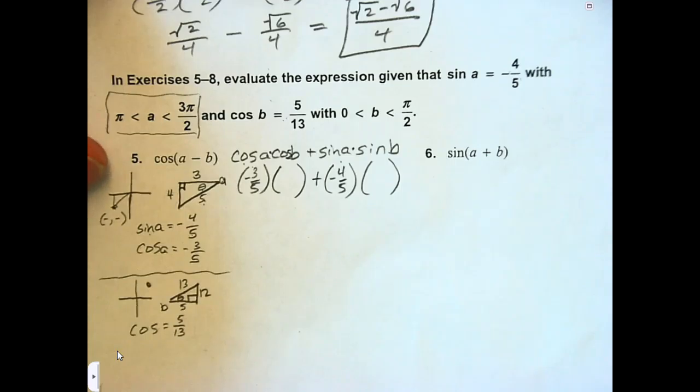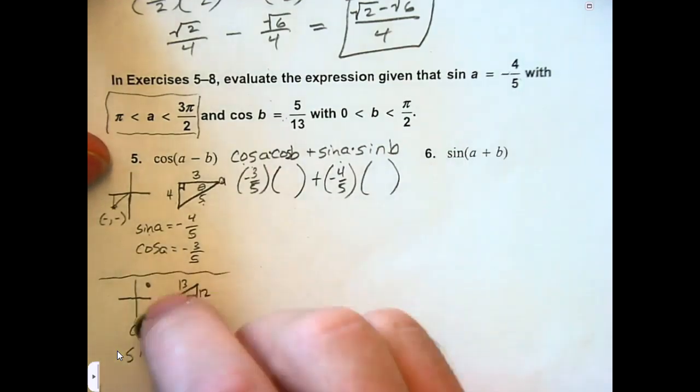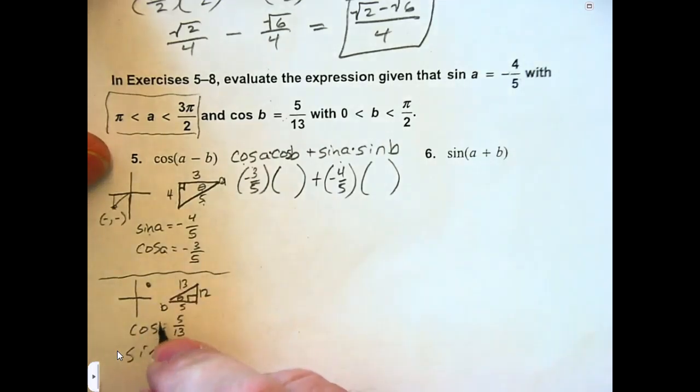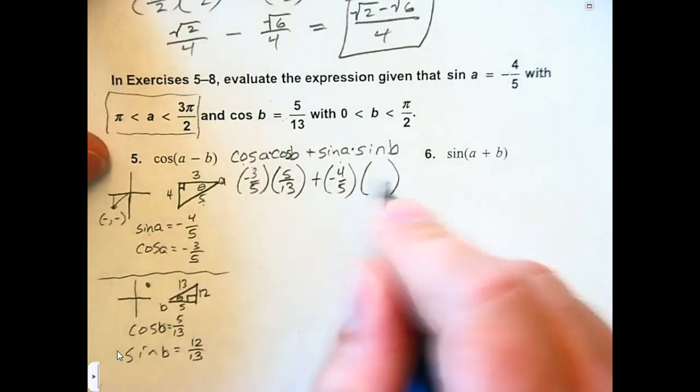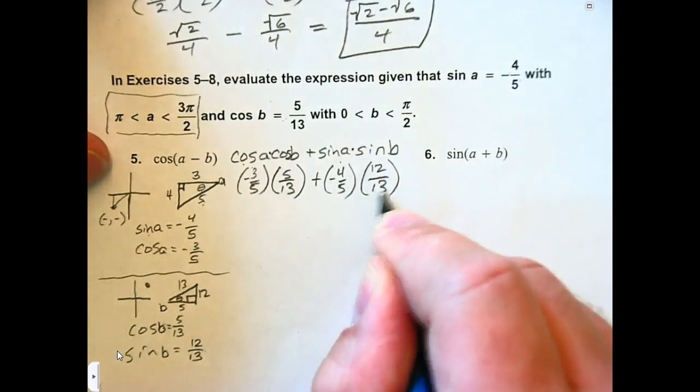If you know those special right triangles, that helps out. So sine of B is equal to 12/13. So cos B, 5/13. Sine B, 12/13.